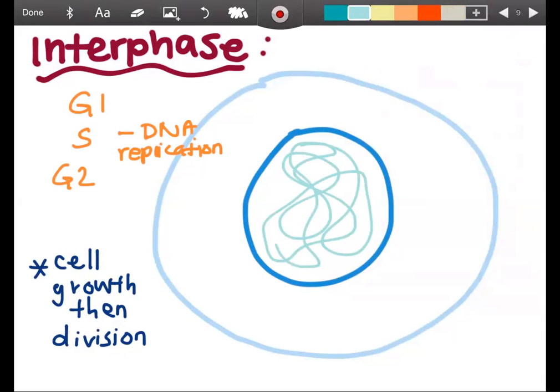So this would represent your DNA, and it's inside the nucleus, and it's not condensed at all. It's loosely packaged. And so when the cell is finally ready to divide, it's going to go into the mitotic phase, where it's going to undergo mitosis.